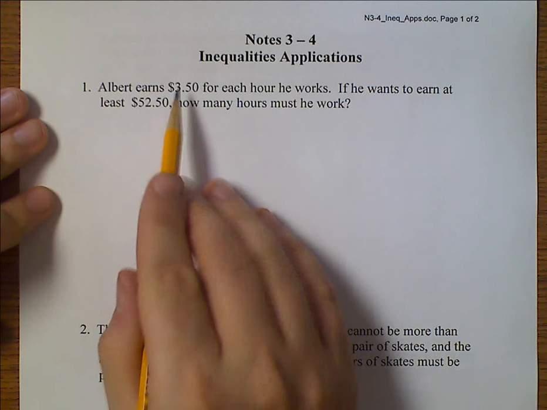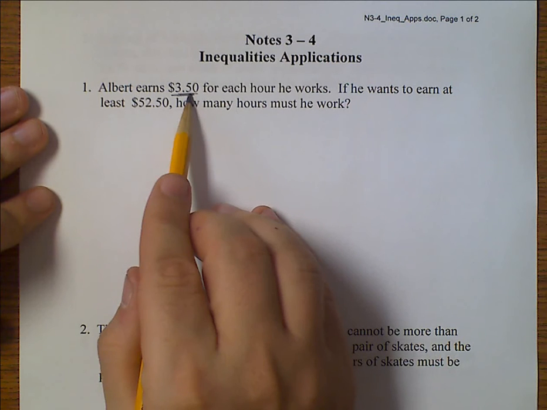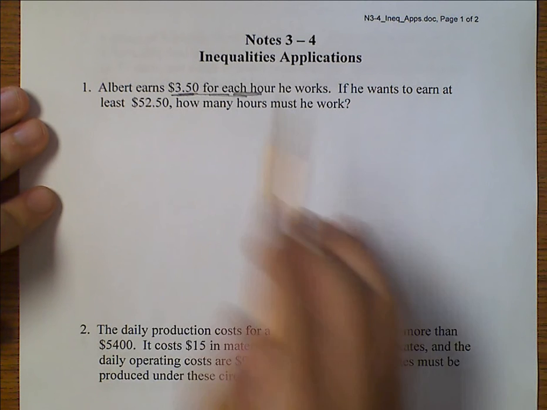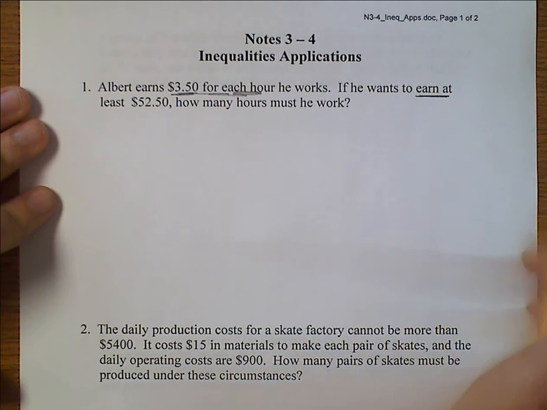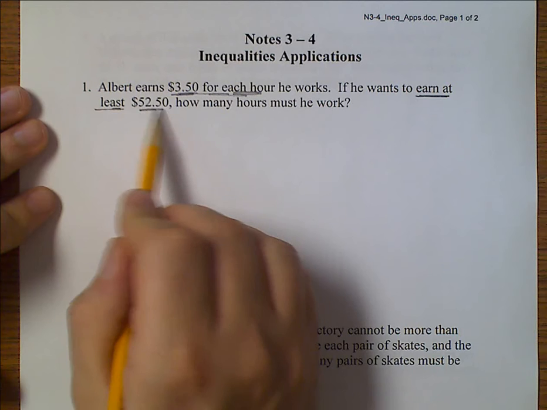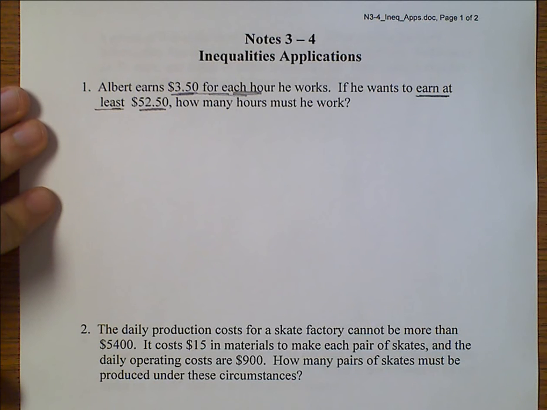Albert earns $3.50 for each hour. He wants to earn at least $52.50, and we're looking for how many hours?